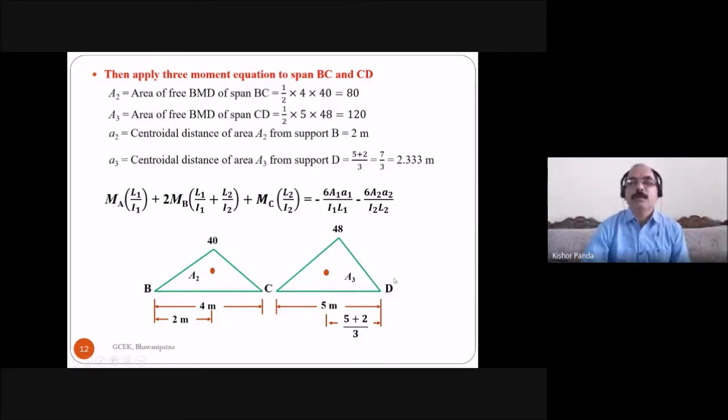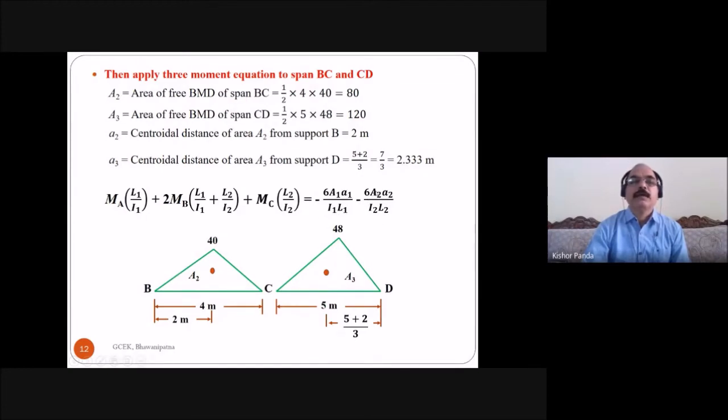Plus MC, you have to take this one as 0, because MC is equal to MD is equal to 0. 0 is equal to minus 6 A1, this is the area A1, A1 is equal to 80, and the small a1 is your 2 meter. Minus 6 into 80 into 2 divided by I1, which is I, and L1 is equal to 4 meter, so 4I.